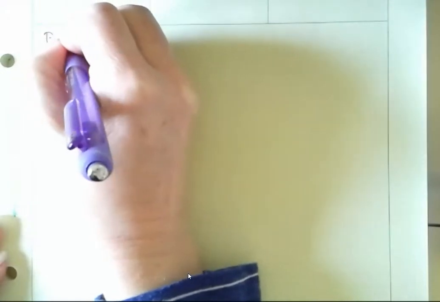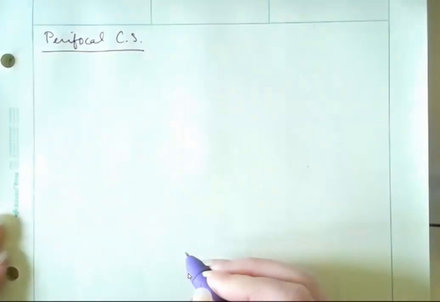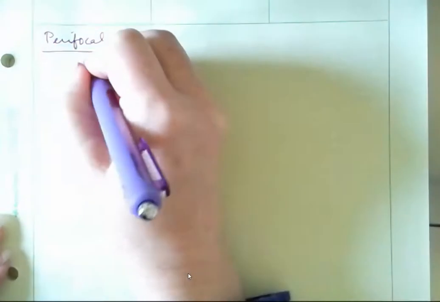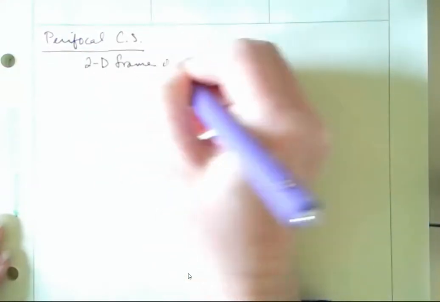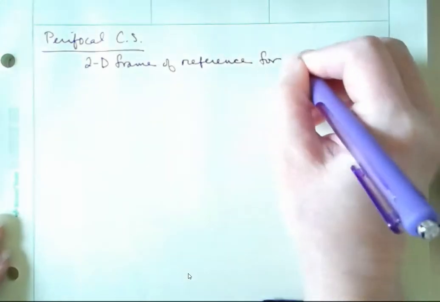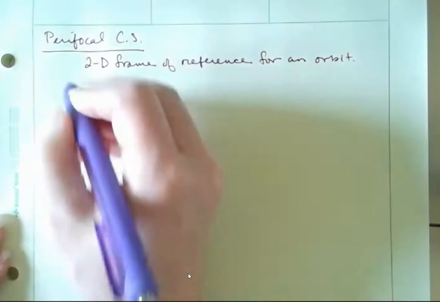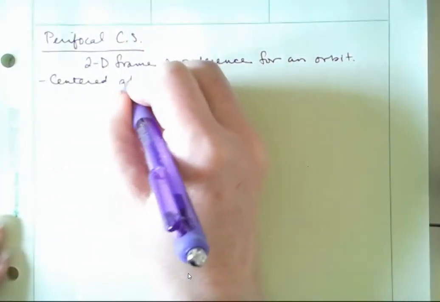So next, let's go over the perifocal coordinate system. Okay, so now this one is going to be a two-dimensional frame of reference for an orbit. All right, so up until now we've been dealing with 3D. This one's going to be 2D. Okay? And this one is going to be centered at the focus of the orbit.